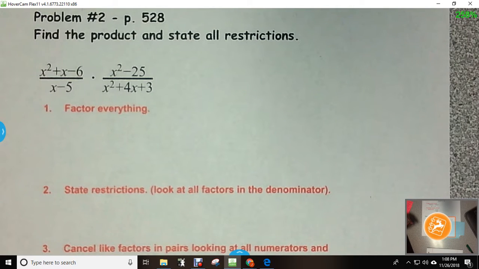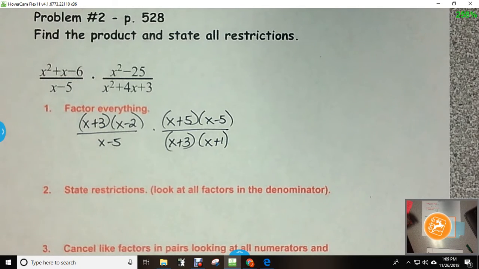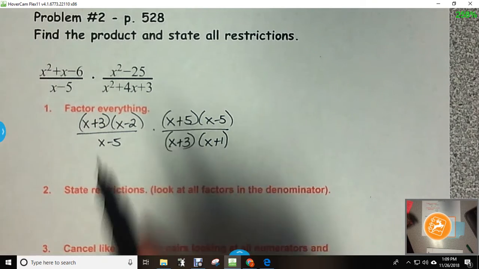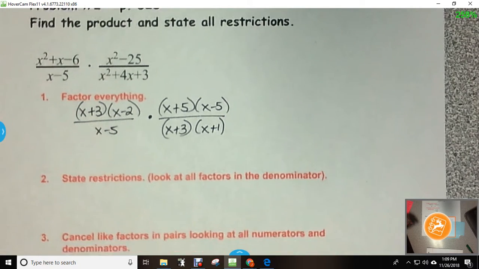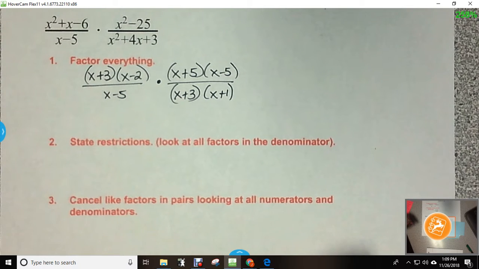The very first thing you want to do is factor everything, the top and the bottom of both fractions. Once you get it factored, double check yours with mine, make sure you factored correctly. And now we're not going to cancel things yet. We have to state our restrictions before we cancel anything.